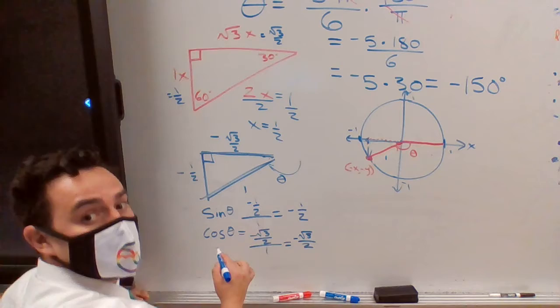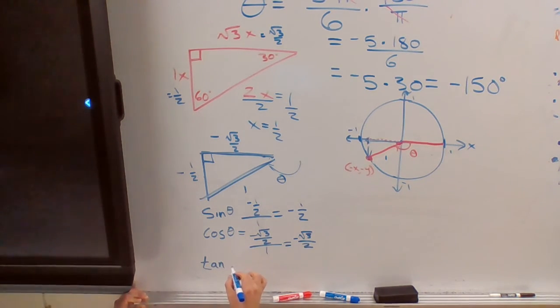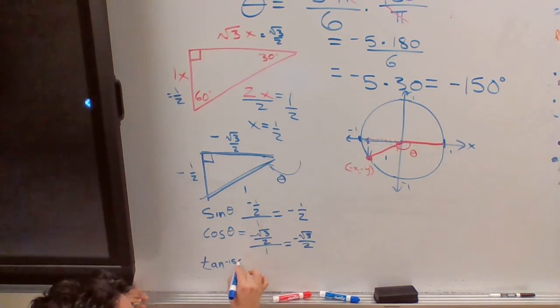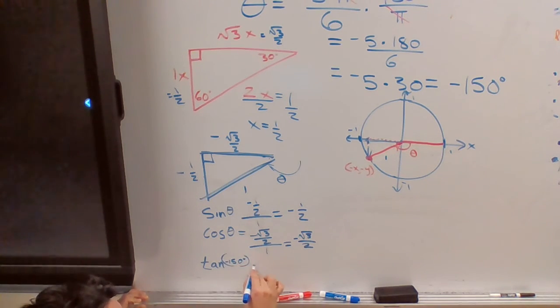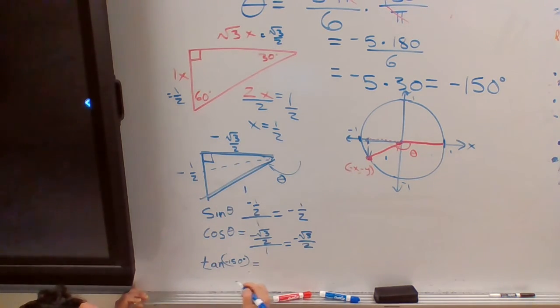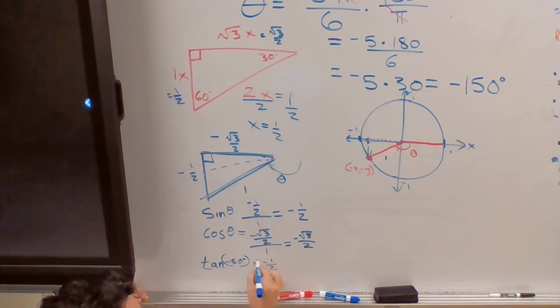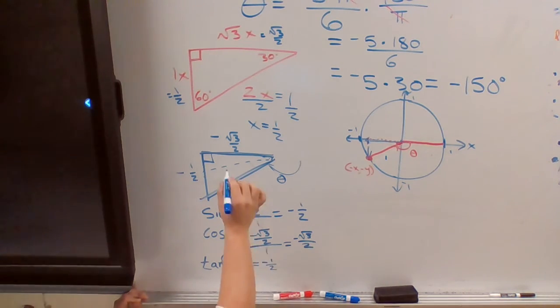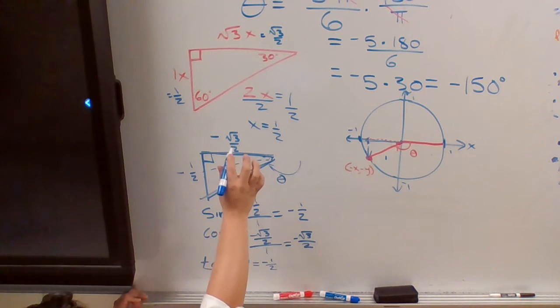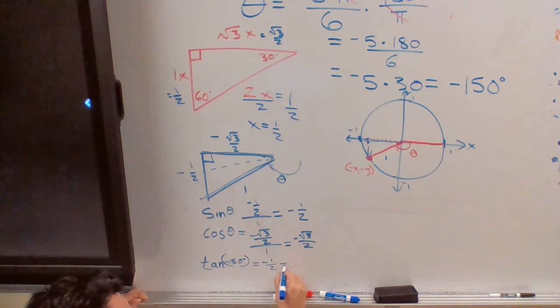Tangent of negative 150 degrees is going to be opposite over adjacent. So negative 1/2 divided by negative root 3 over 2.